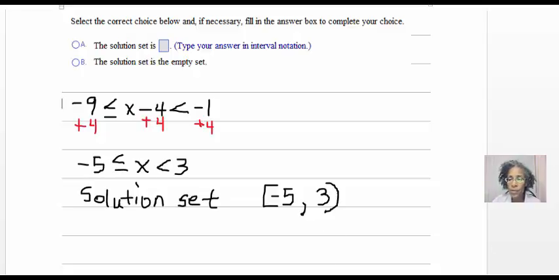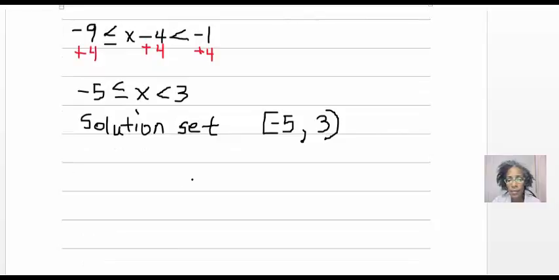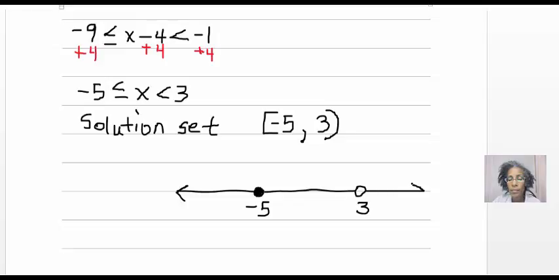So any number between -5 and 3, including -5, will make my inequality true. Now when I go to draw the number line graph, I'm going to have a solid circle at -5 and an open circle at 3.